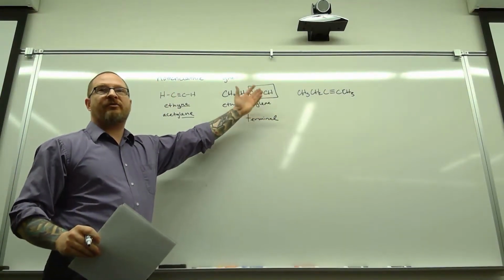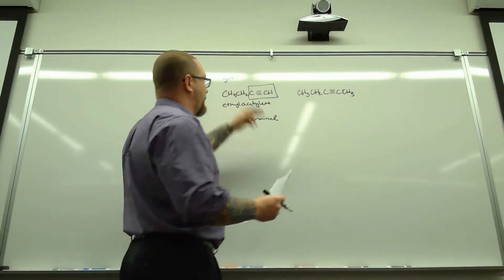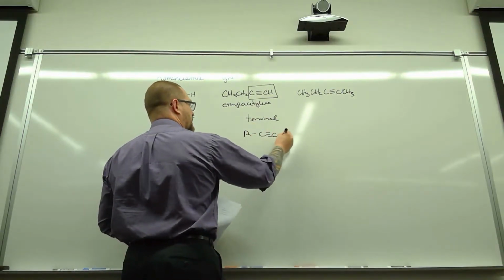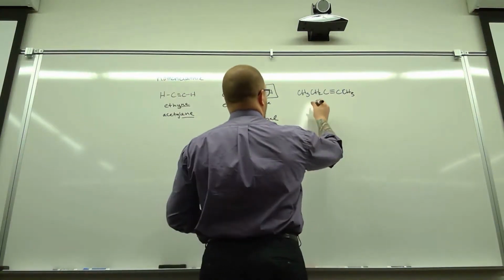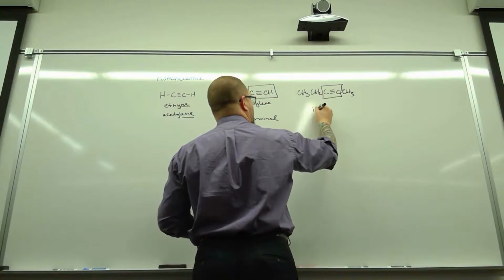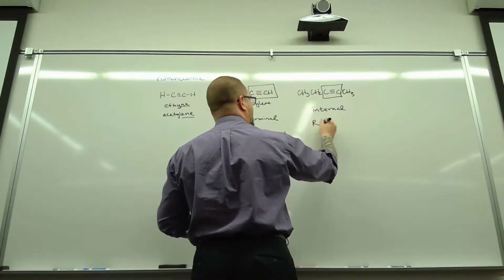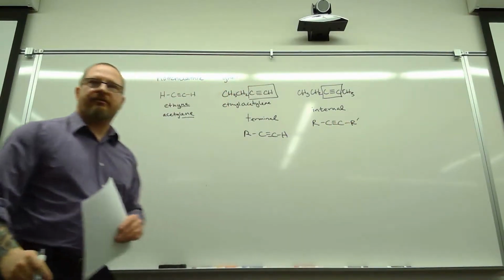It doesn't have any R groups on both sides, just a single hydrogen on one side and then an R group on the other. So you could generically look at this like this, or we also have internal alkynes. And so that's where you have an R group on both sides of the triple bond.